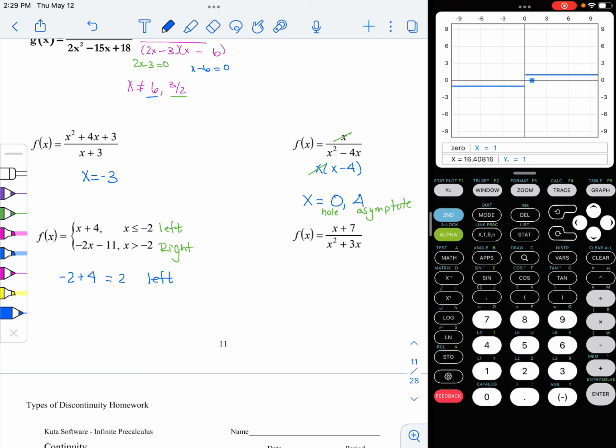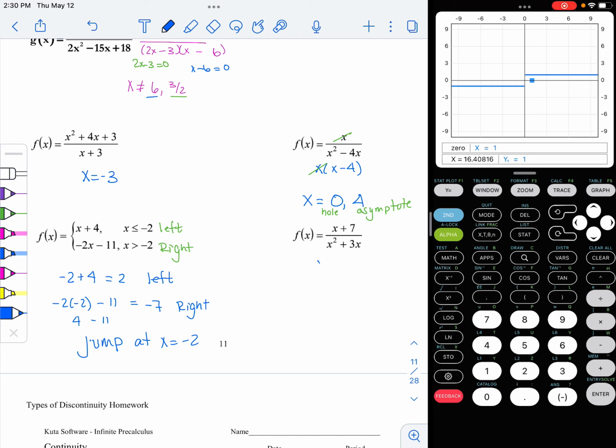That's my y value on the left. If I stick -2 in on the right-hand side, I get 4 minus 11. 4 minus 11 is -7 for my right-hand side. Because my left and my right don't match, I know that there is a jump at x equals -2.